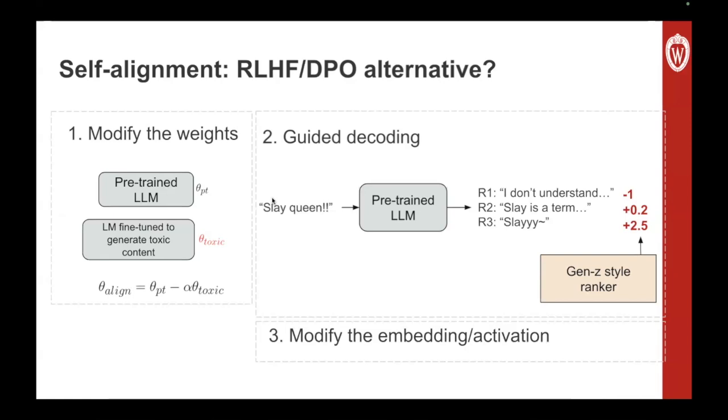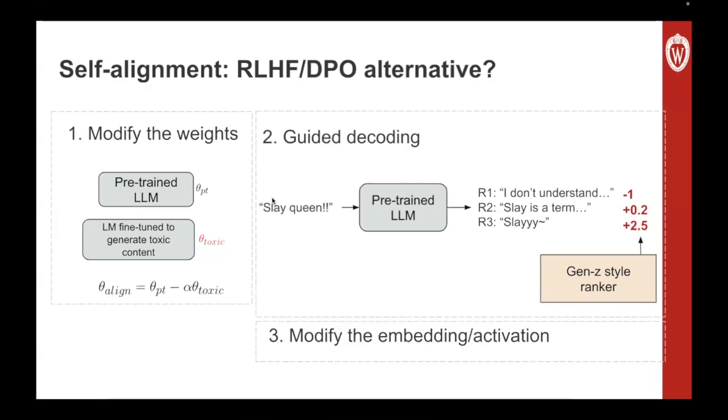So currently there are works that try to see if we can do this in a cheaper way, and I'm going to go through each of these works. The first one is modifying the weights directly without fine-tuning. Basically, the idea of this first line of work is to find a subspace that we want to get away from, and then remove that subspace from the base LM.